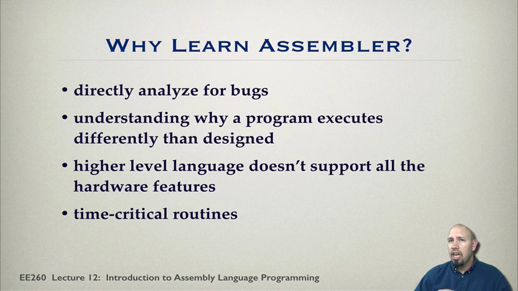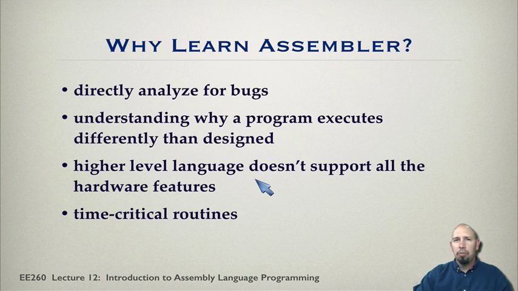So it's important to understand when this could be an issue or not. So in that case, in the disassembler, you can actually analyze for bugs. In assembler, you can also understand why a program executes differently than designed, for example, which is basically what a bug is. Also, often higher level languages don't support all the hardware features of the processor.